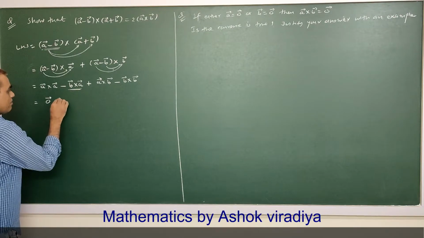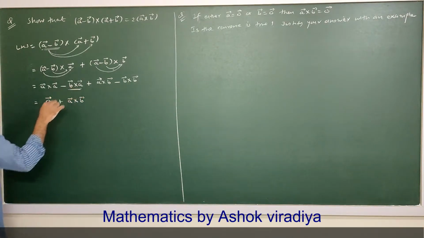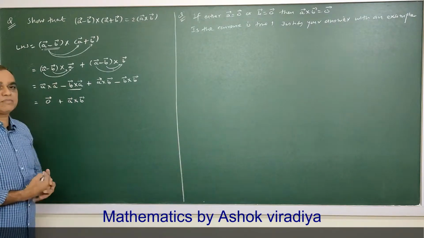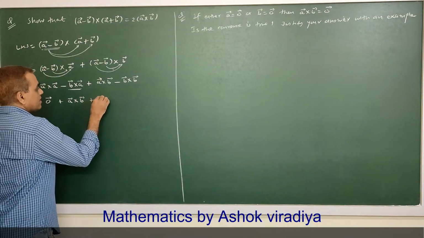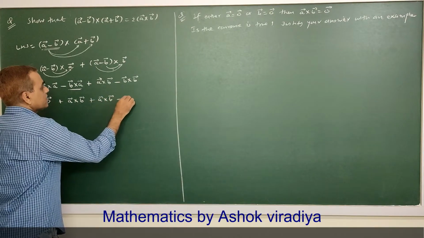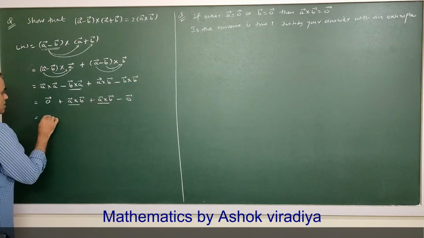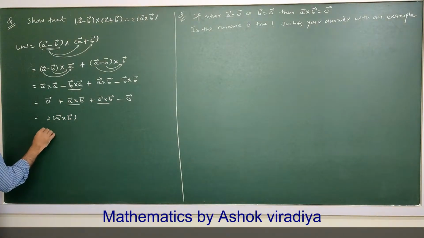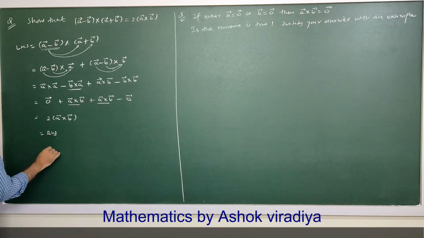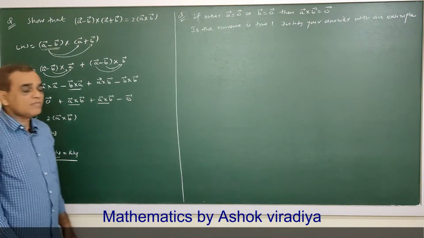This is plus, changing order, vector A cross vector B is minus vector B cross vector A. So that is plus A cross B, this is zero vector. So that is 2 times vector A cross vector B, it is RHS. So LHS is equal to RHS.